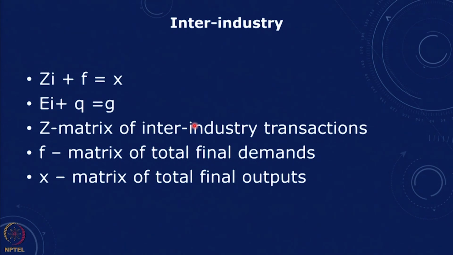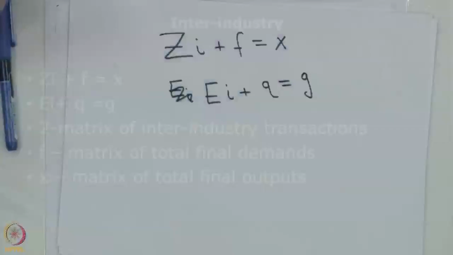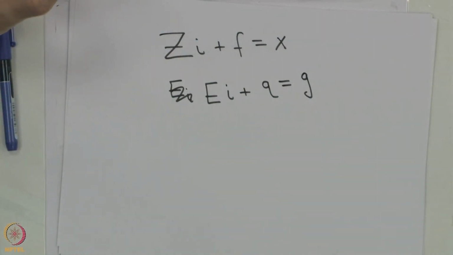So, essentially we then have the following matrices, the normal matrix that we talked of, Zi plus F is equal to X. This was our financial one, and instead of this now we also have the EI, that is the energy, plus the demand for energy is equal to the total G, and that could be the way in which we could write this.